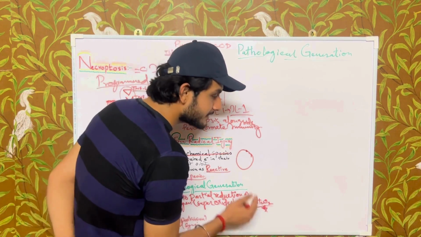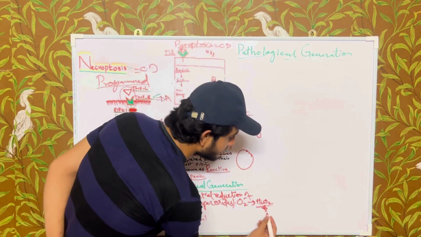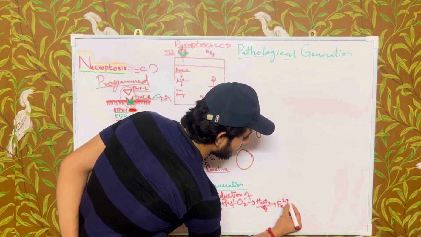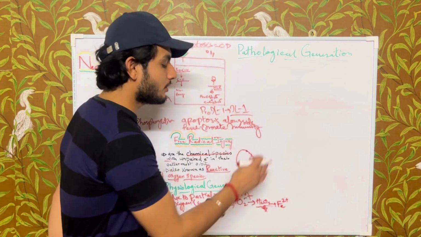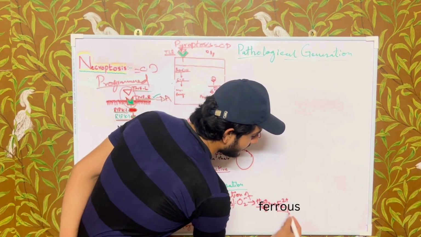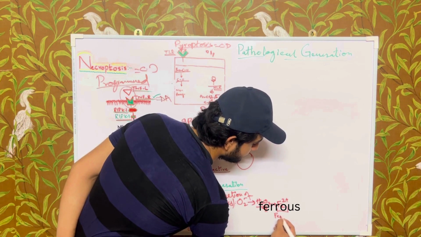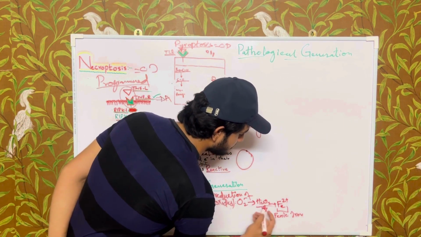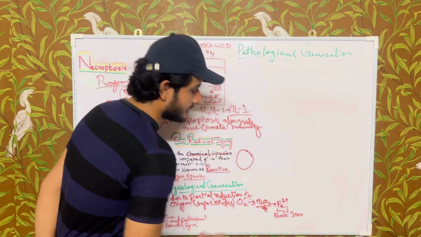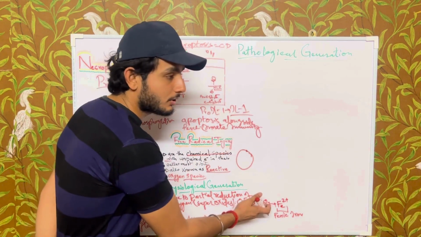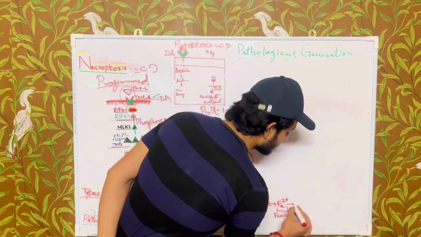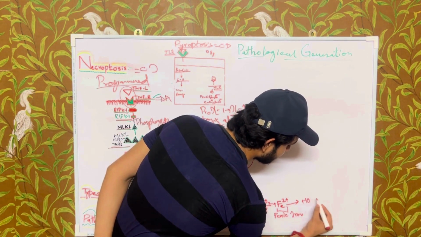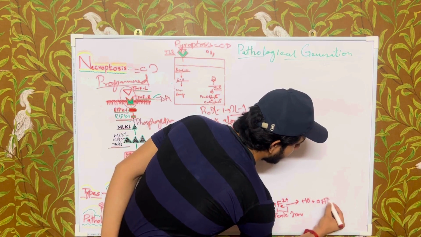So when this hydrogen peroxide comes in contact with any metal ion, for example, ferric ion, the ferric ion causes the reduction of this hydrogen peroxide, thereby leading to the formation of hydroxyl ions.